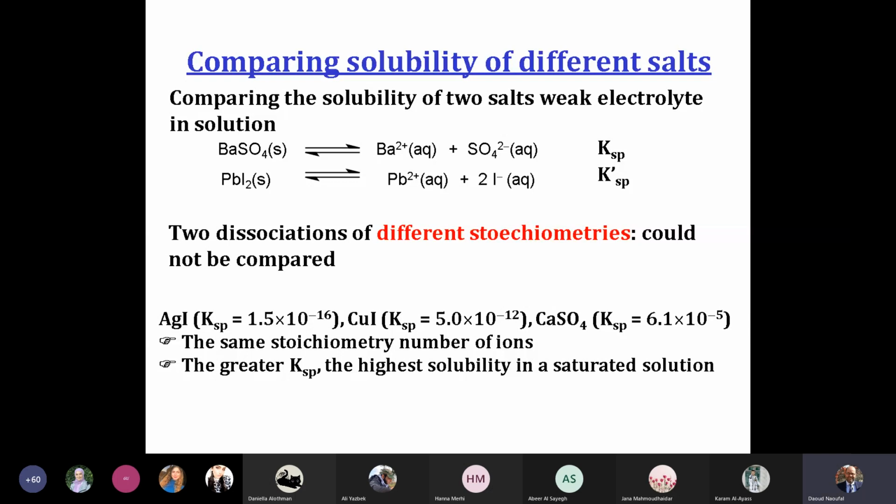In other words, which would give a higher concentration of ions? Should we do calculations, or according to the KSP value can we know directly which is more soluble?